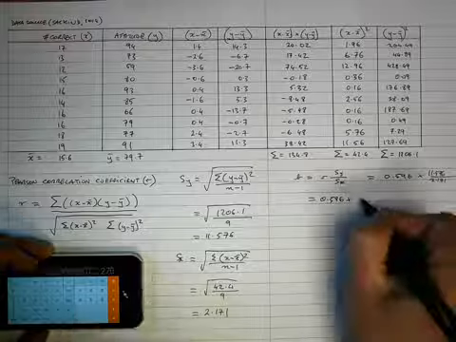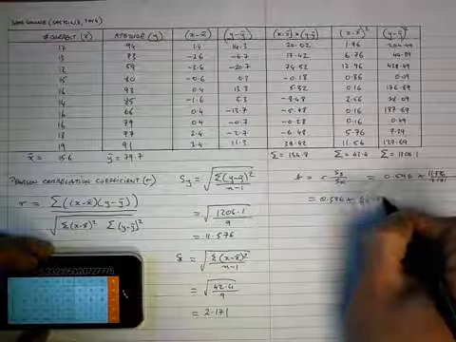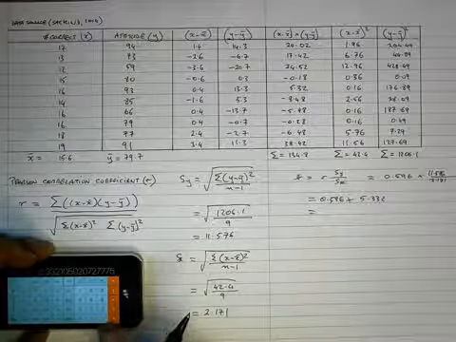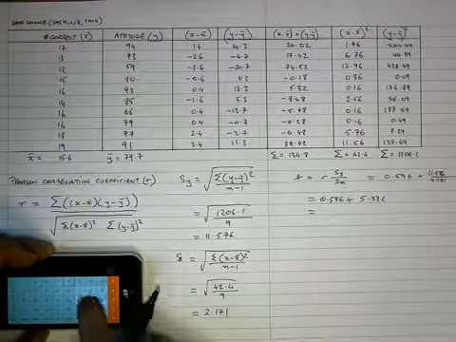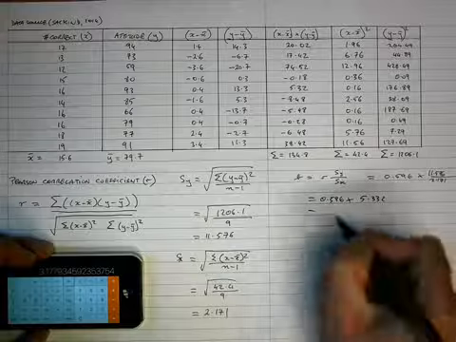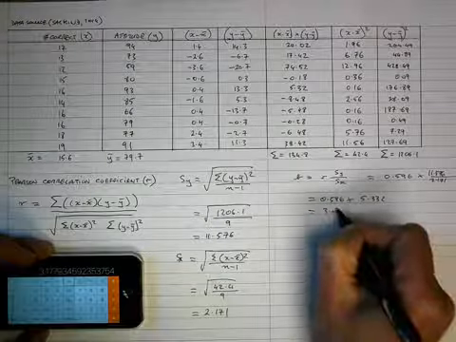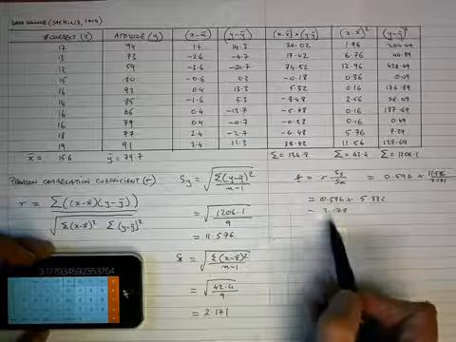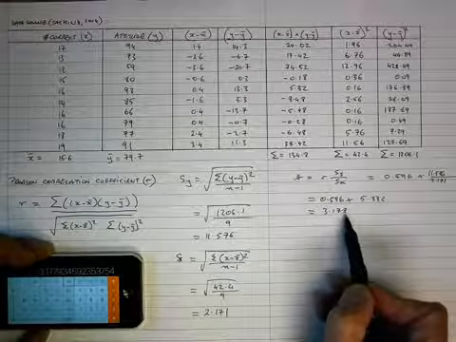That's equal to 5.332. And let me multiply that by 0.596. That gives me a value of 3.178 rounded. So my value for b, the slope of my line, is 3.178.